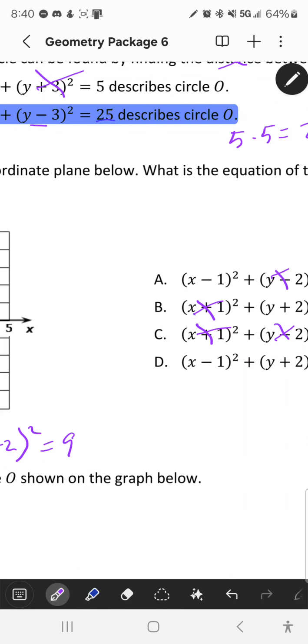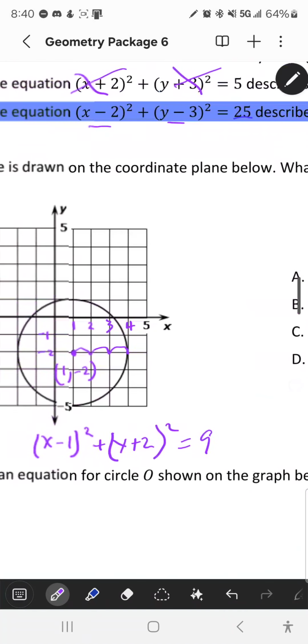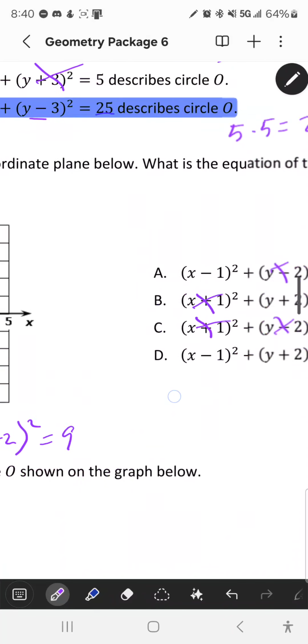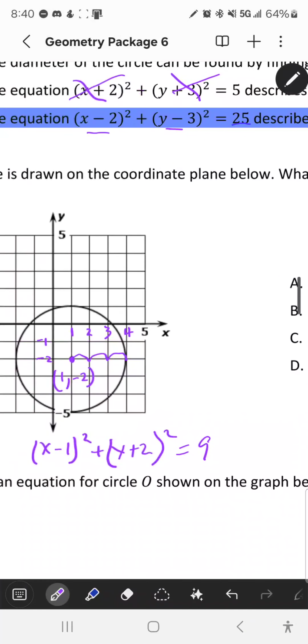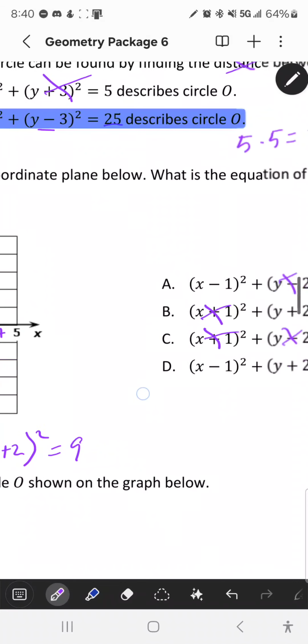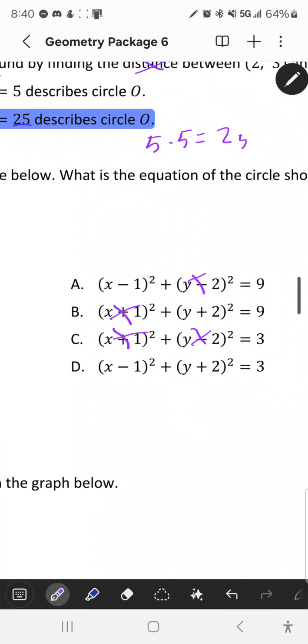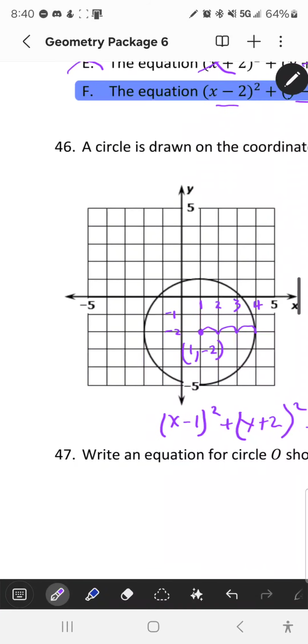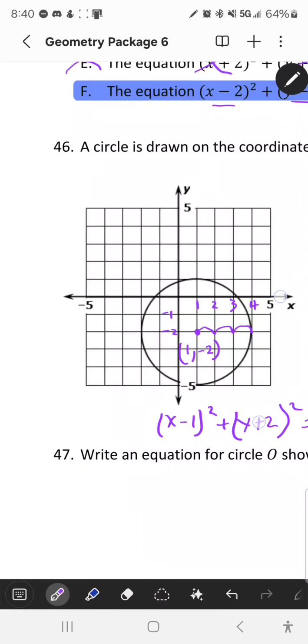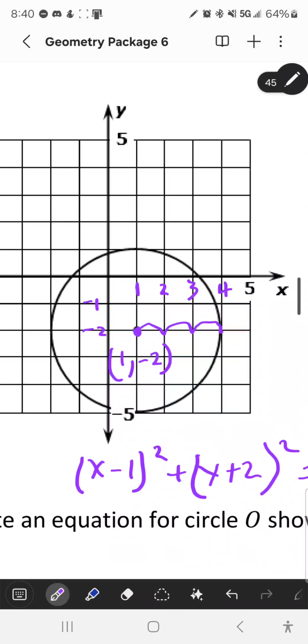Okay, I think I did something wrong. Minus 1 plus 2. This doesn't make sense.